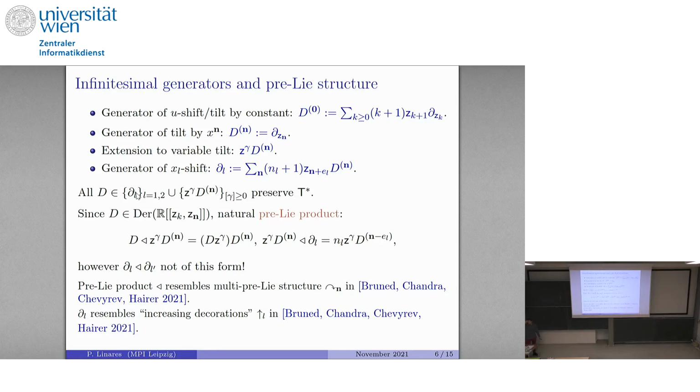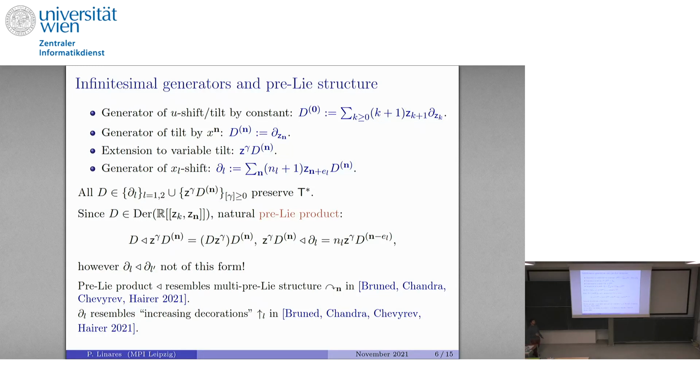For the Lie algebra, we will consider the infinitesimal generators, as I said, which have these explicit expressions, d0, dn, and we extend them to variable tilts by just adding a multiplication to the left. So these should be seen as endomorphisms of the form of power series space. On the other hand, the generator of the shift in one of the space-time directions is given by that other expression.